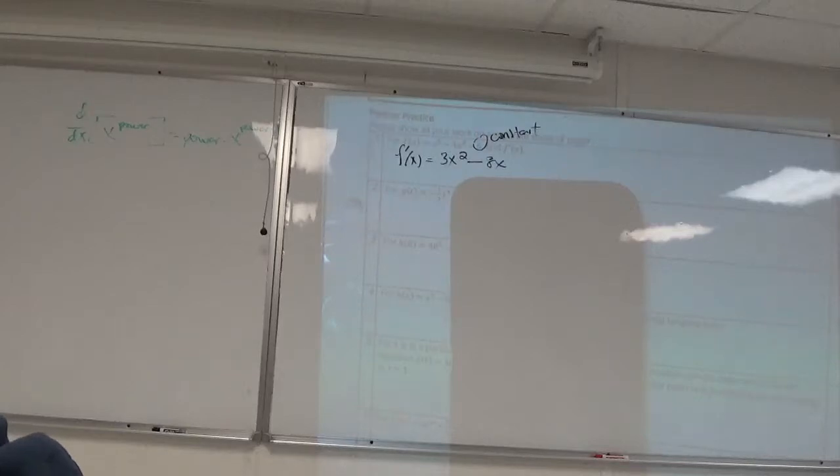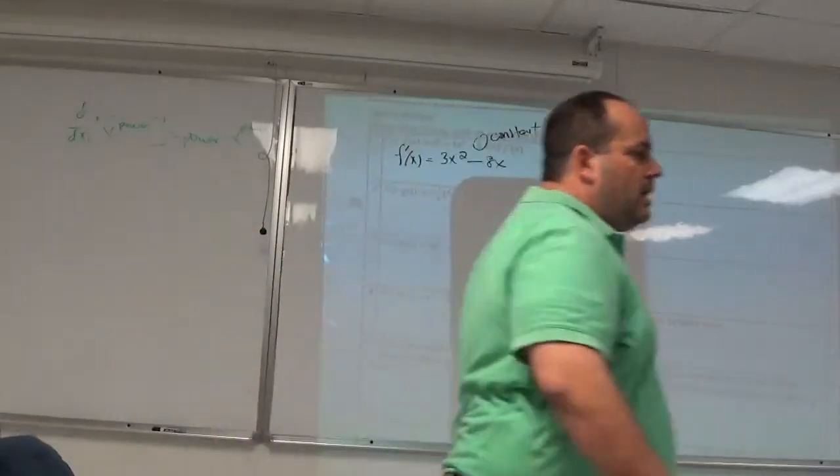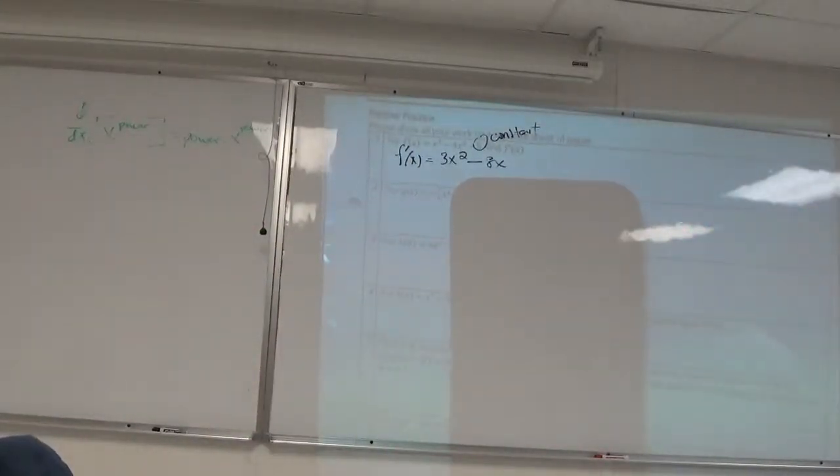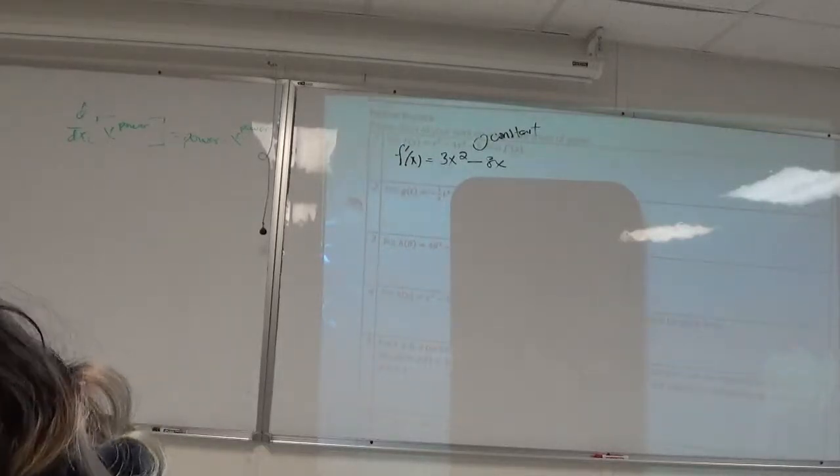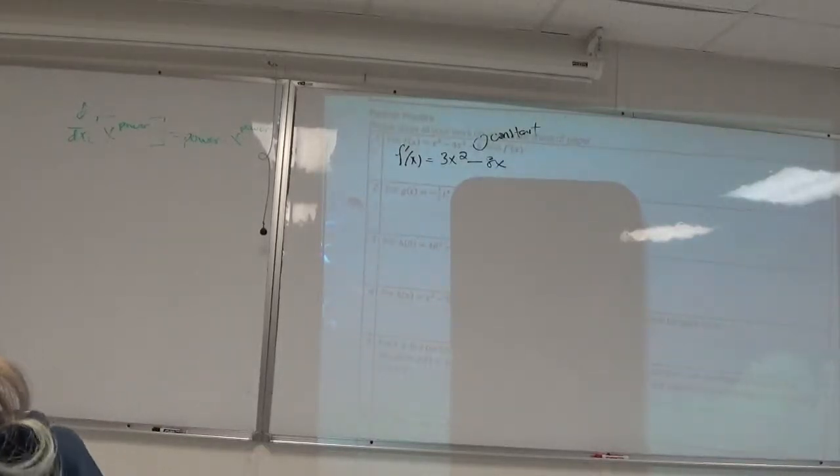Or is it gonna still have the 3 beta? Talk to me. So this one, we know it's 8. Is this gonna be 8 beta or 8 theta? It's 8 theta. How do you know? Oh, theta equals 1. So 8.